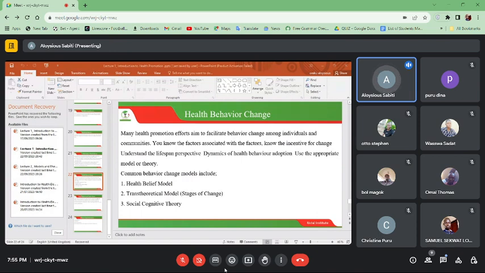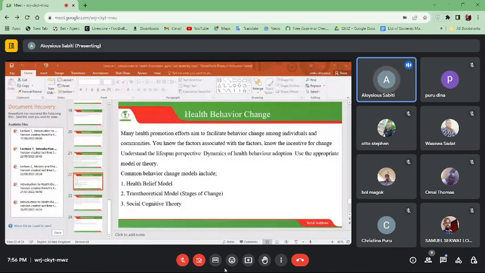So a construct is largely trying to explain, for example, if we said physical activeness leads to improved cardiovascular health, then you're looking at the relationship between having a higher physical output, or being physically active, and your cardiovascular health.